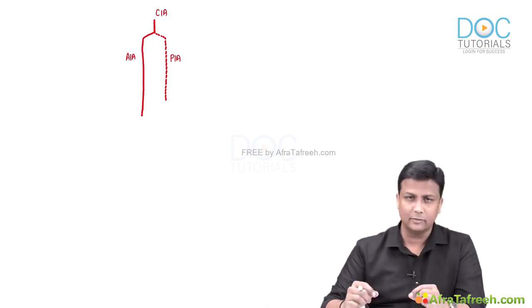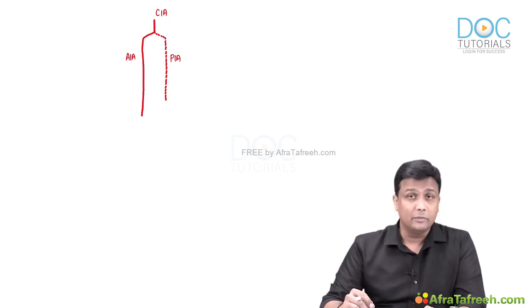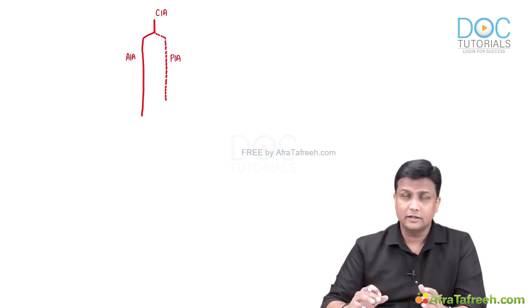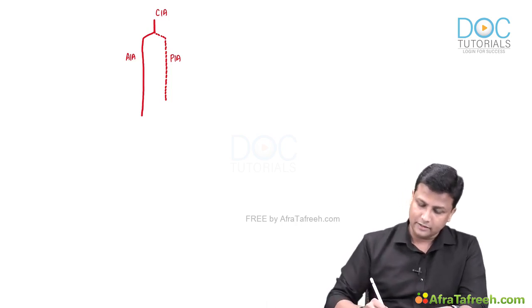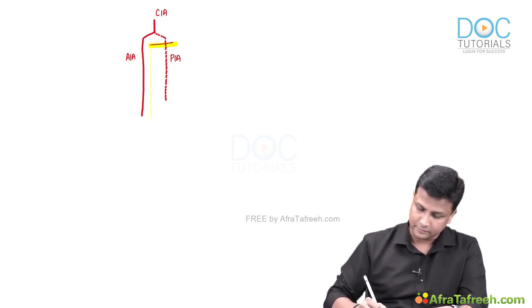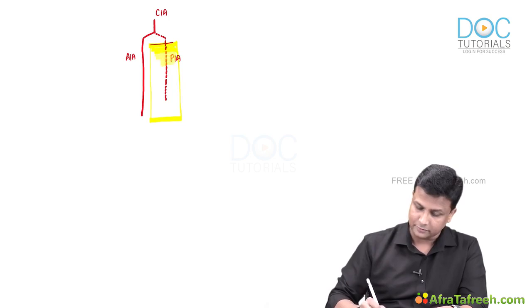You all know very well there will be a membrane in the middle, and that membrane is nothing but your interosseous membrane between the two bones. Now what is going to happen is in the distal end, not the proximal part, in the distal part. Imagine this is your interosseous membrane.